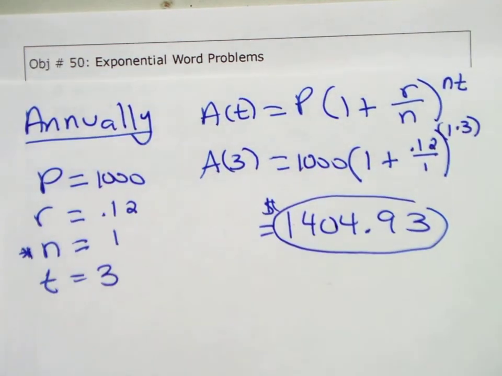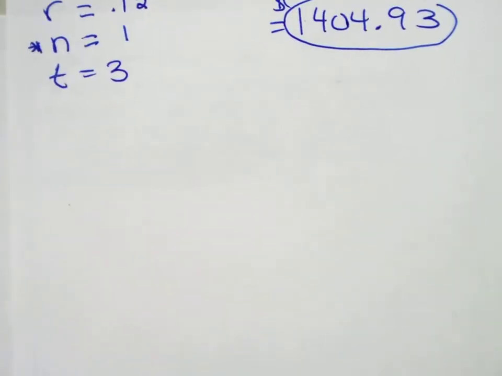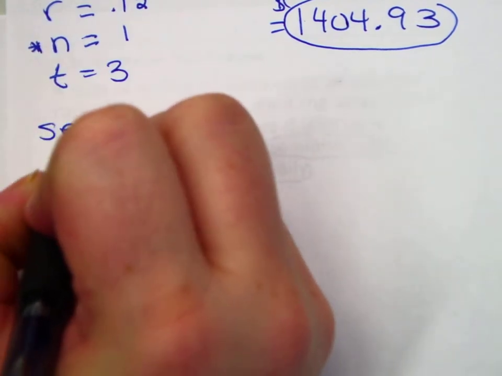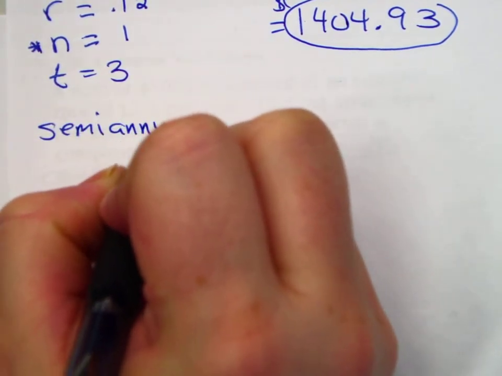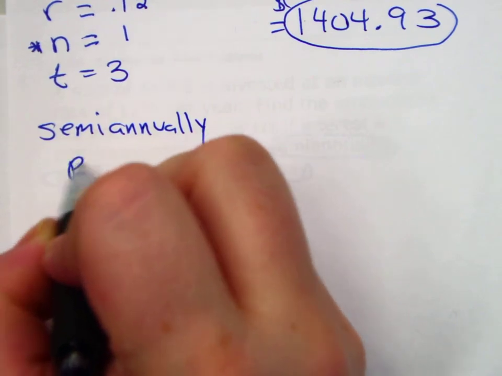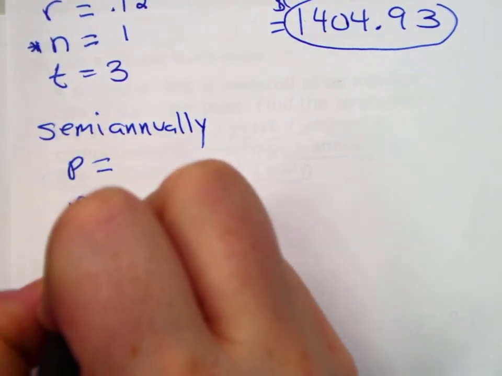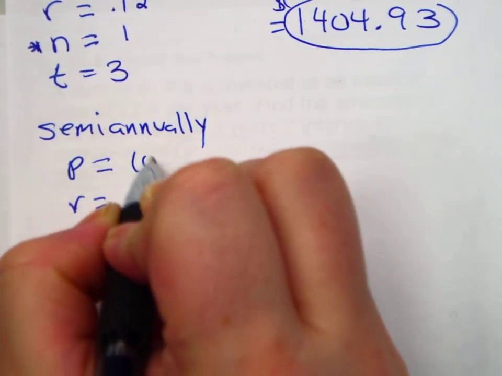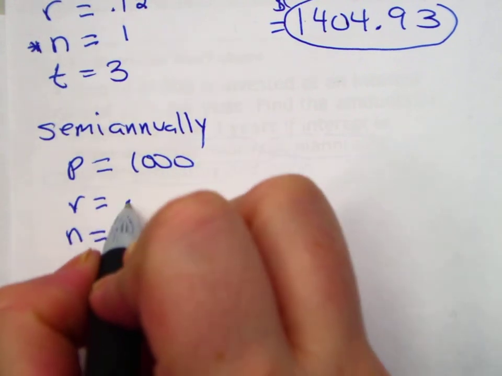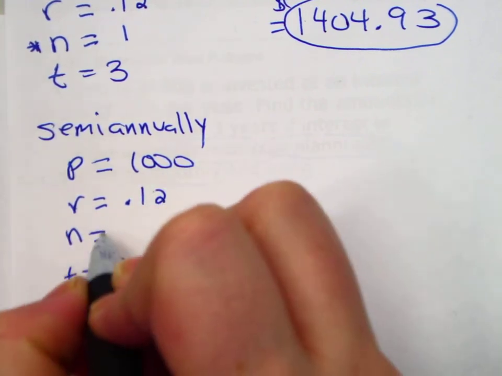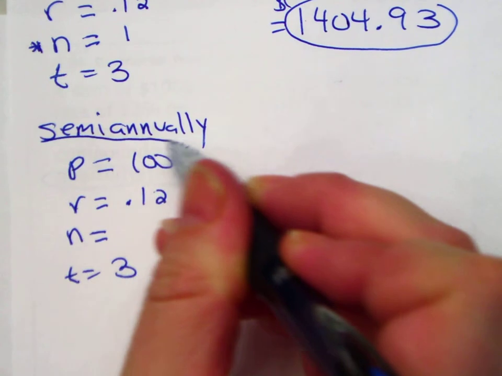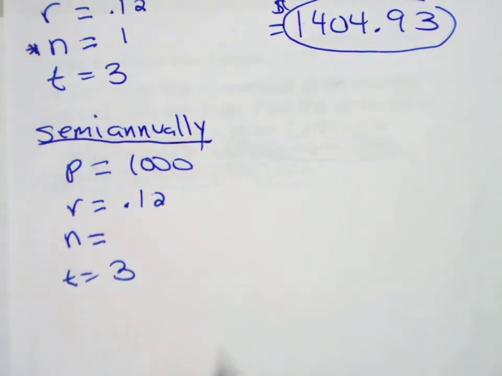Next, let's do semi-annually. P, r, n, and t. P is still 1,000, r is still 0.12, t is still 3. What's your n for semi-annually? What do you think that means? That means twice a year.